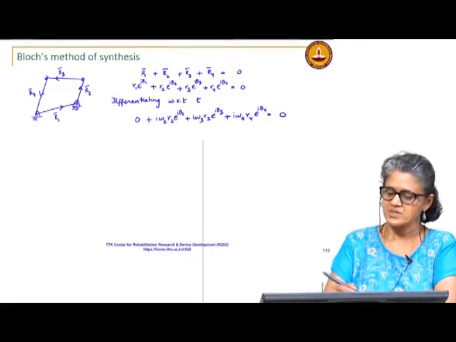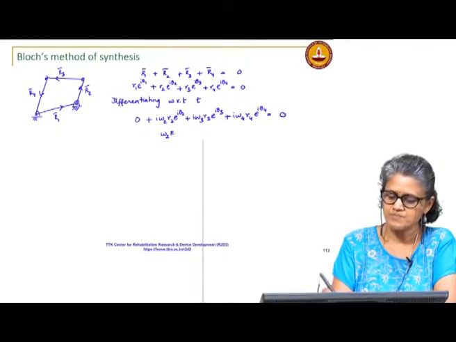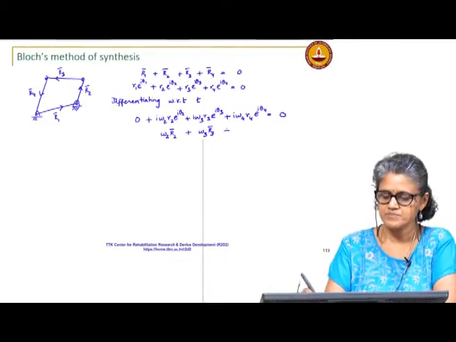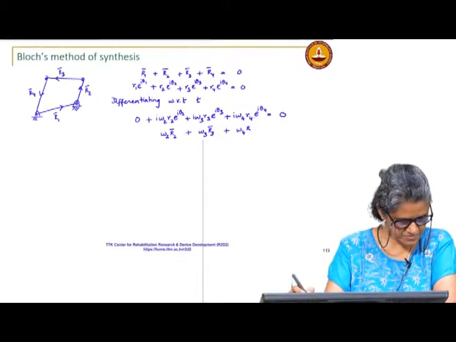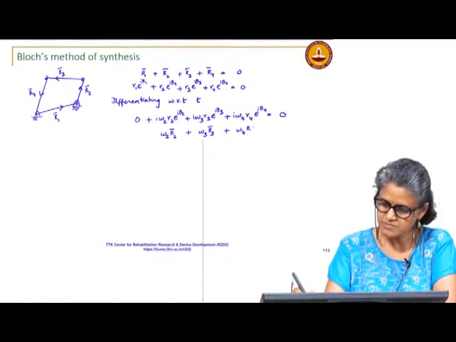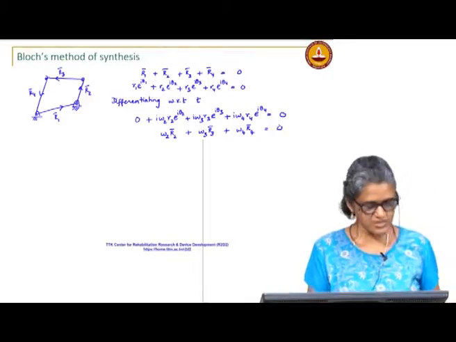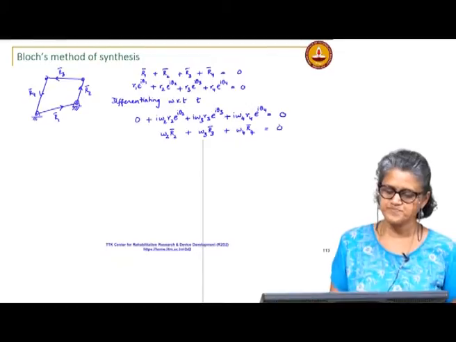The i of course goes away. So, I can write this as omega 2 r 2 plus omega 3 r 3 plus omega 4 r 4 equal to 0, in vector form.